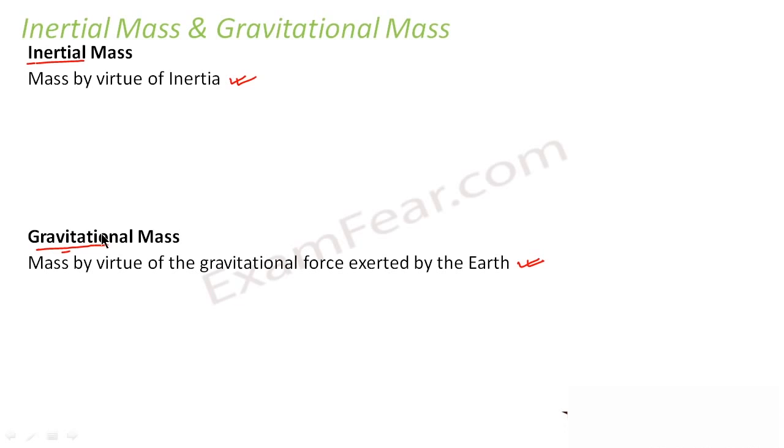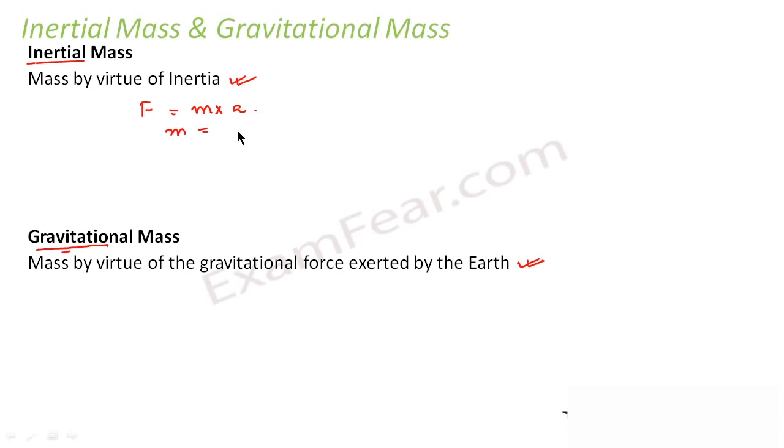Now let us look at it in a different way. When I talk of inertial mass, when does inertia come into play? When did I introduce inertia? When we studied Newton's laws of motion. Inertia was introduced in Newton's laws, right? So from Newton's laws, we know that force is equal to mass into acceleration, right?